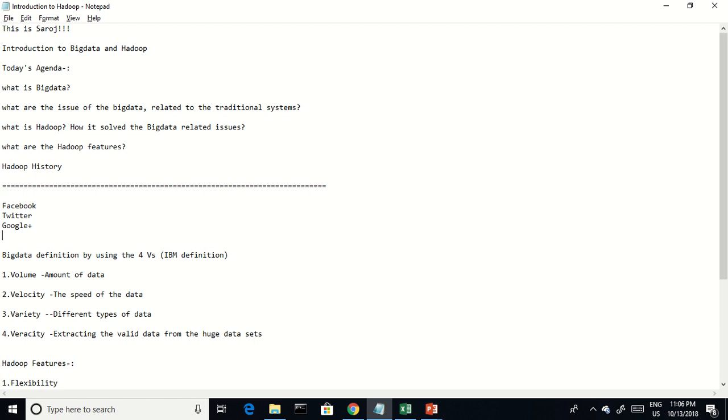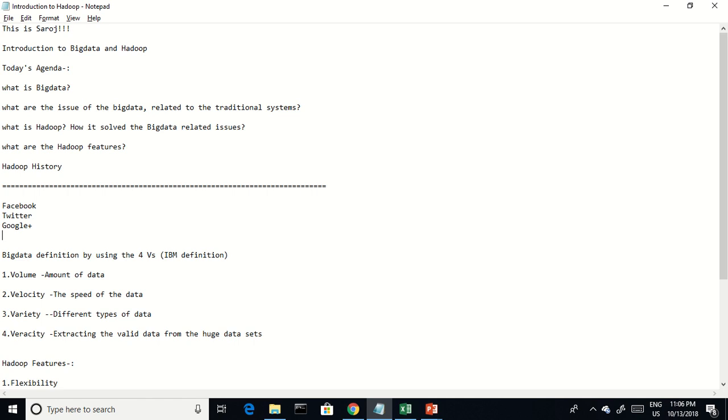Most of the data, like 80%, is unstructured data, and maybe 20% is structured data. If you take the example of each and every company, 80% of the data they produce is unstructured, and the remaining 20 to 30% is structured data.